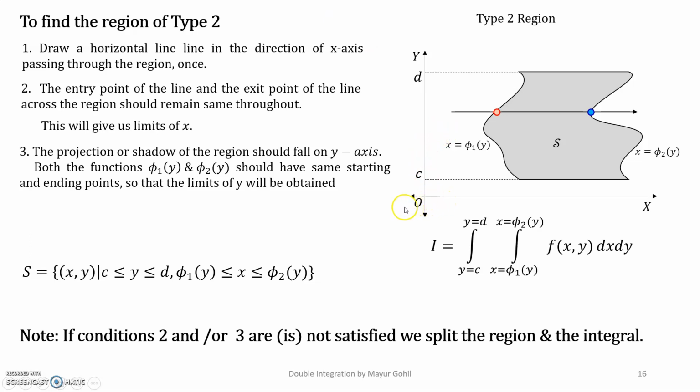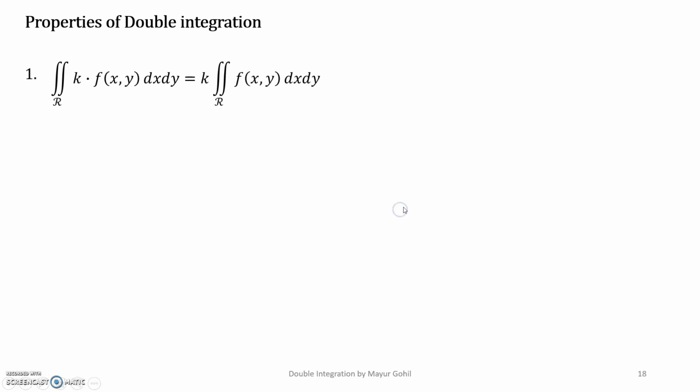Now let us see the properties of double integration. There are very few properties of double integration that I'm mentioning. This property we know: when you have a constant and you multiply the function under the integration sign with the constant, you can take that constant outside the double integration and then do the integration accordingly.